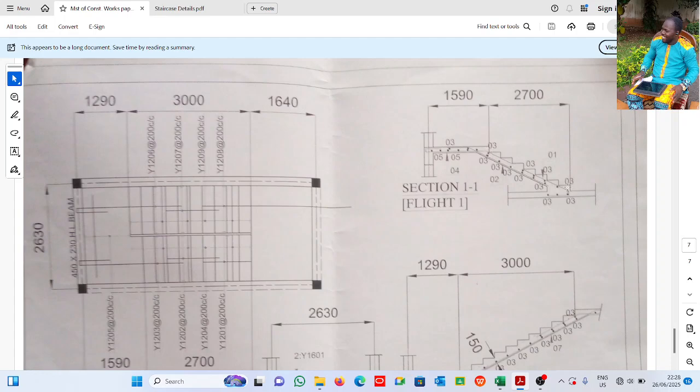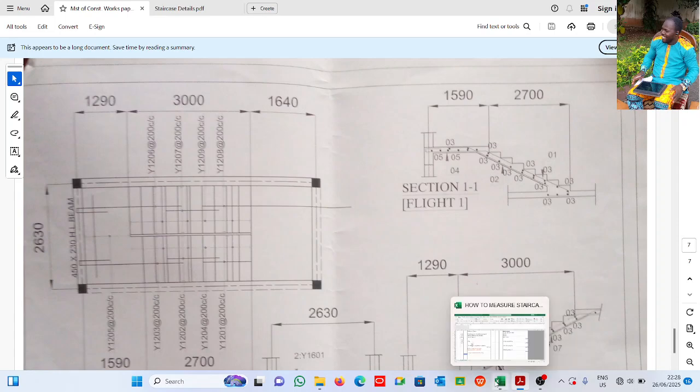So if I have 7 threads, I should have 8 risers. But remember, according to our calculation, this is not 7, it is 9. So if we have 9, we have 10 risers. I don't know if it is clear, or by the time you go over the video a second time, you get it better.